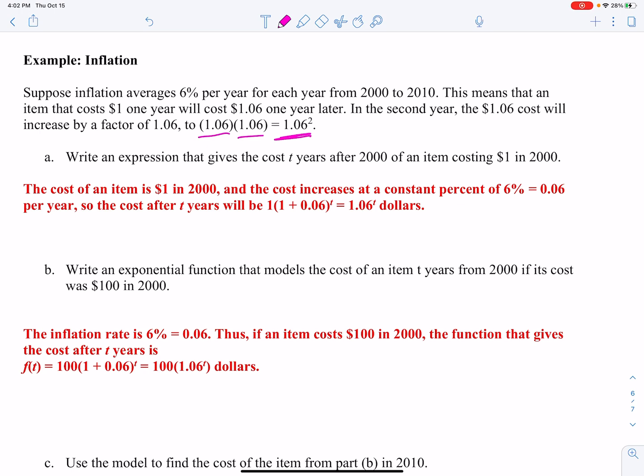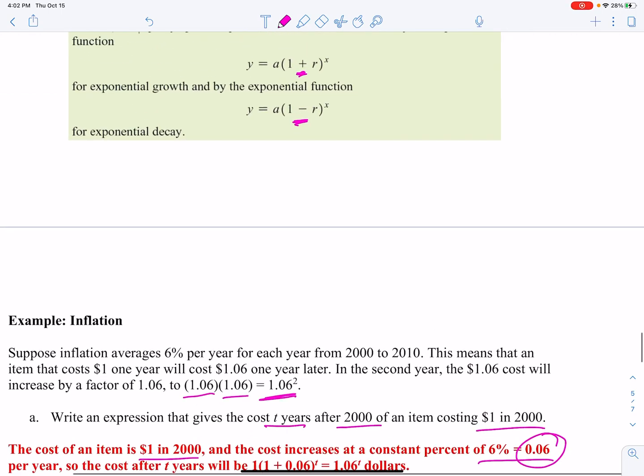Write an expression that gives the cost t years after 2000 of an item costing $1 in 2000. The cost of an item is $1 in 2000, increasing at a constant percentage rate of 6%, so we plug in 0.06, that's 6% as a decimal, and we use the formula that we were given up above.